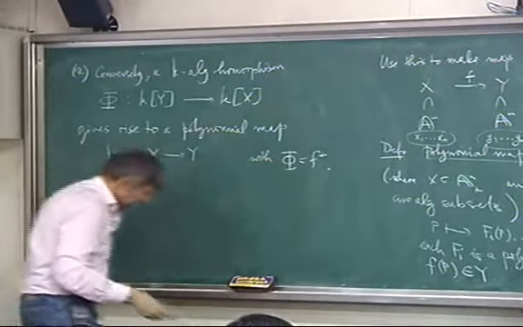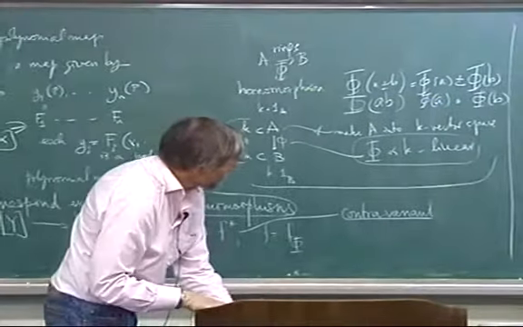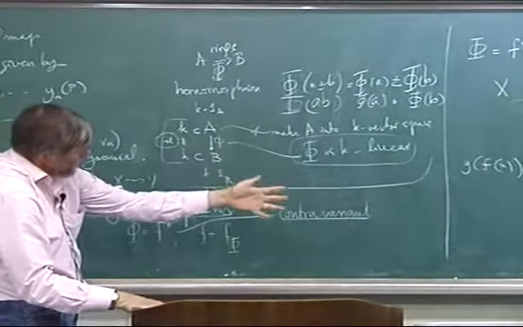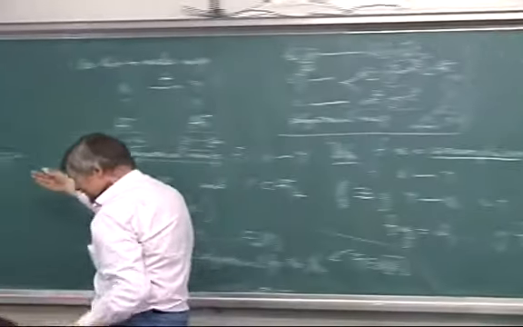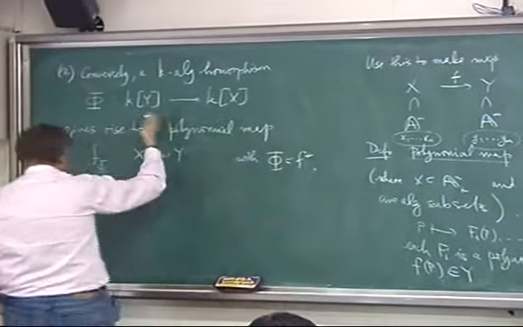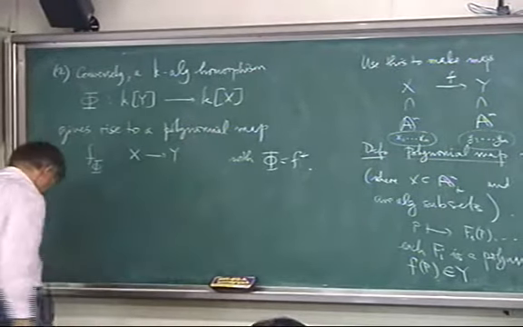Okay, so I'm just saying, if you have the polynomial map, then you get the k-algebra homomorphism. Here I'm saying, and also the other way around. If you have the k-algebra homomorphism, then you get a polynomial map.